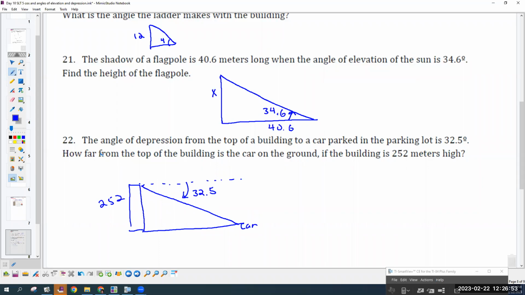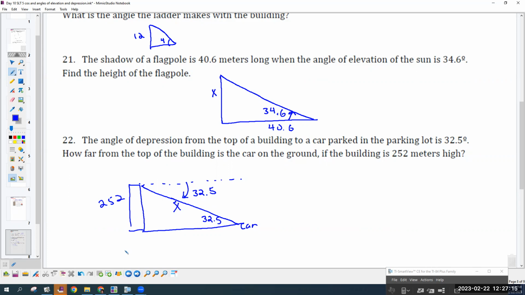So here's the thing, you can turn this picture into a rectangle, or you can know that alternate interior angles are congruent, and you can mark this as 0.5, and we are looking for how far the car is from the top of the building. So we are looking for the hypotenuse.